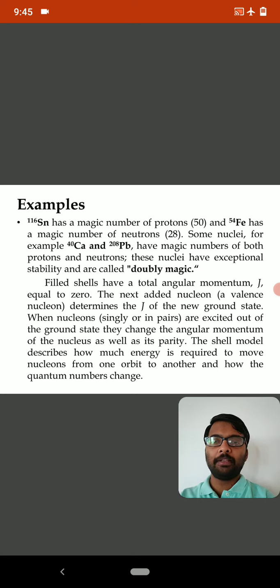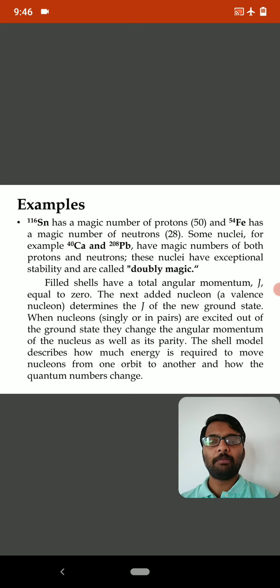It can explain the stability on the basis of binding energy, but it fails to explain the shell closure property, that is, the arrangement of nucleons in shells, and that is explained by the second nuclear model, the nuclear shell model, which explains the stability on the basis of magic numbers, that is, either the proton or neutron number is equal to 2, 8, 20, 28, 50, 82 and 126.